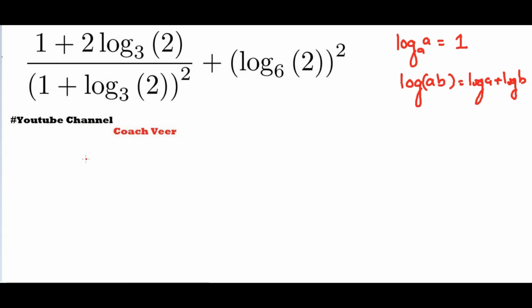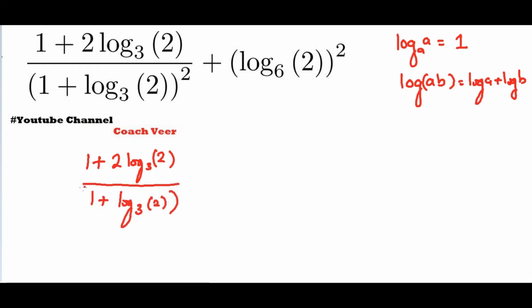How we can solve this part, we need to leave it like this: 1 plus 2 log base 3 of 2. I'm just making it inside the bracket, that 3 is in the base. 1 plus log base 3 of 2, whole square.